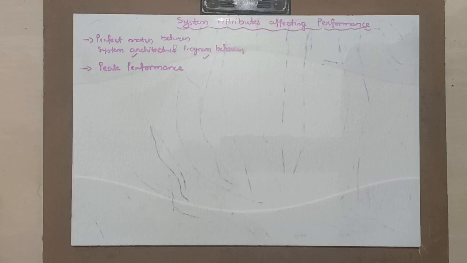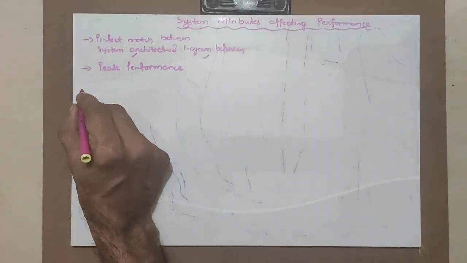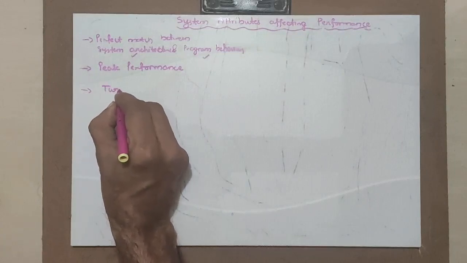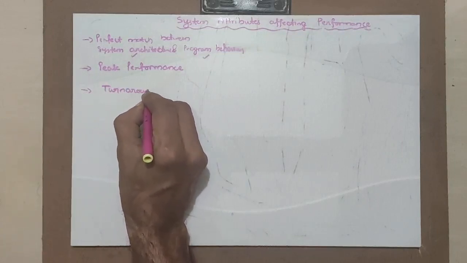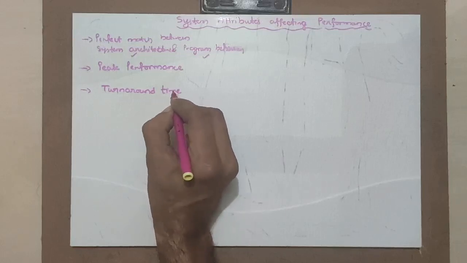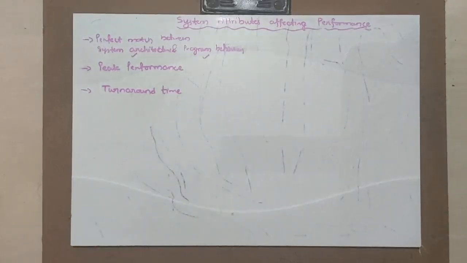Generally, we consider the performance with the help of execution or turnaround time. What do you mean by turnaround time? The turnaround time is the time taken by the processor to execute a given task or a given program.